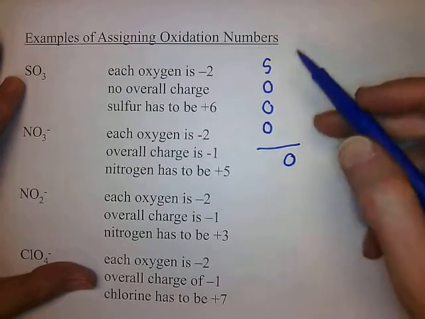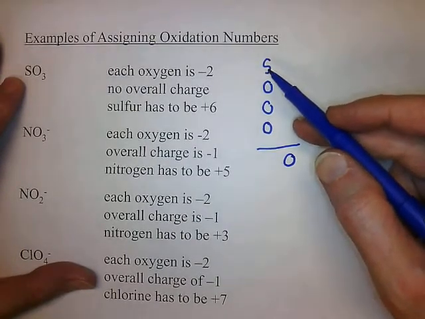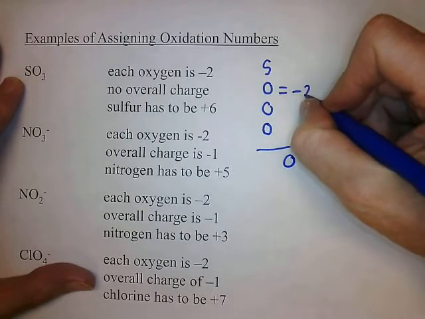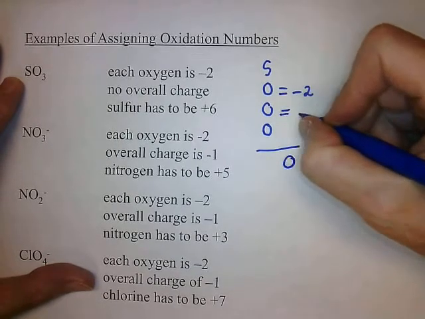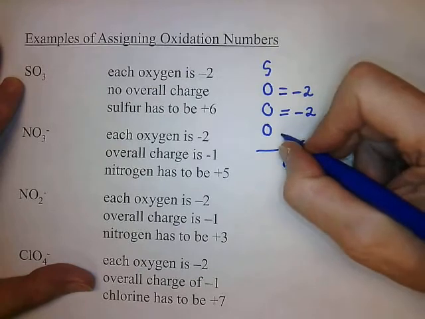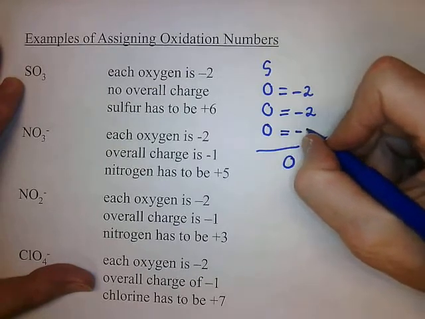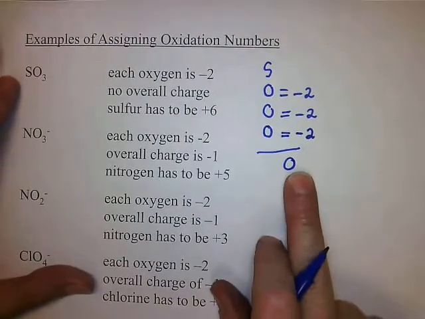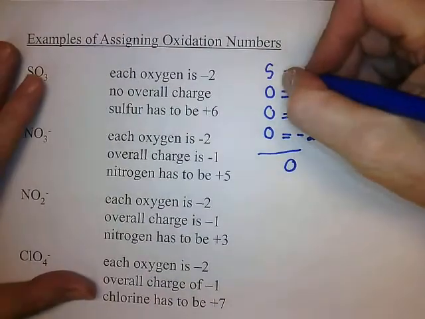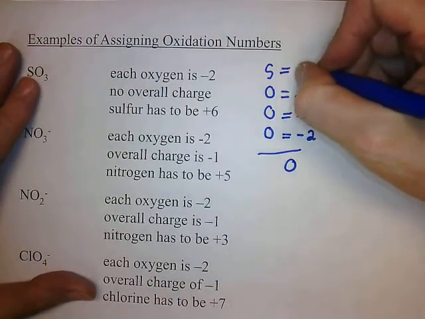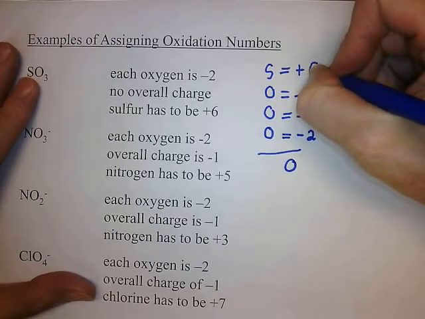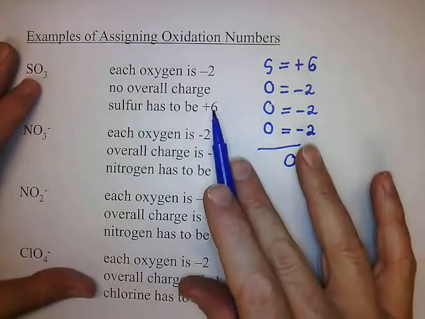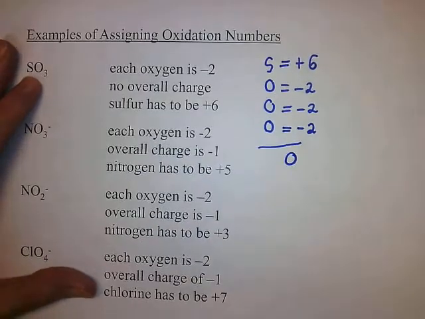We didn't have any specific rules for sulfur, but we did say that oxygen is almost always -2 unless it's a peroxide. So to make all this add up to 0, the sulfur has to be +6. So the sulfur is in the +6 oxidation state.